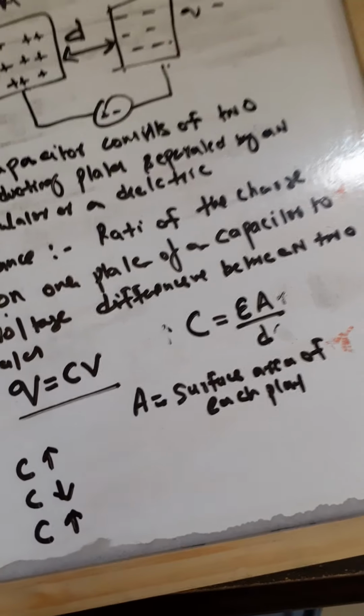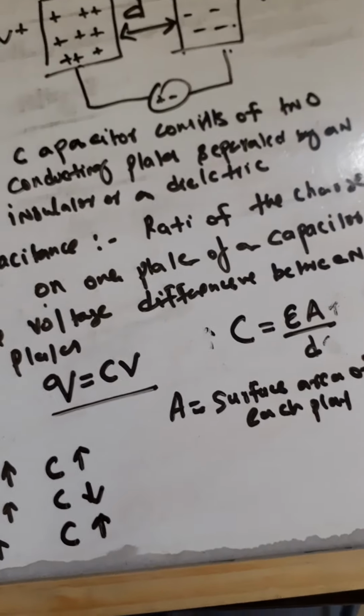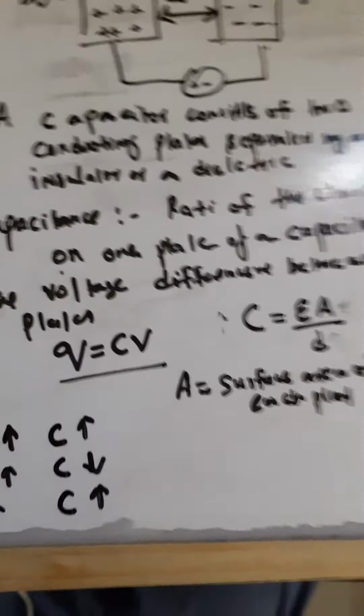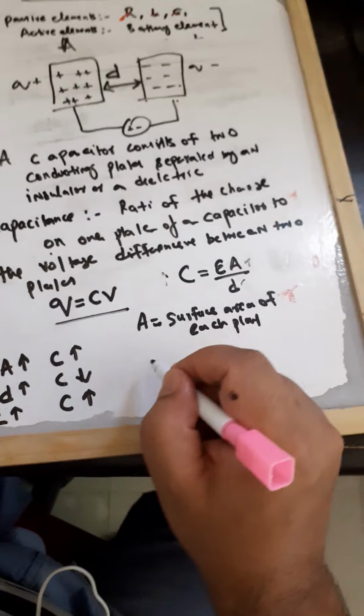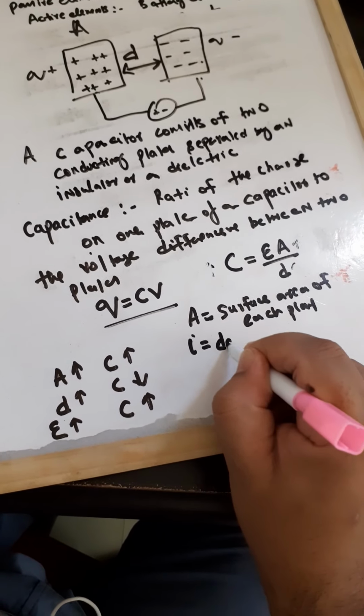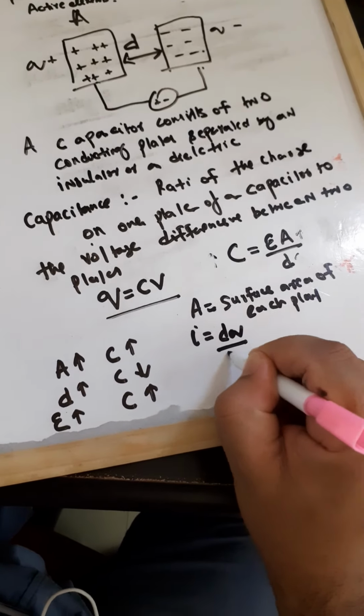Now, elementarily, what is current? Q is equal to CV. Current you can represent as the rate of change of charge, so I is equal to dq by dt. So you can write I is equal to d by dt of CV. Of course C is your capacitance, it cannot change.